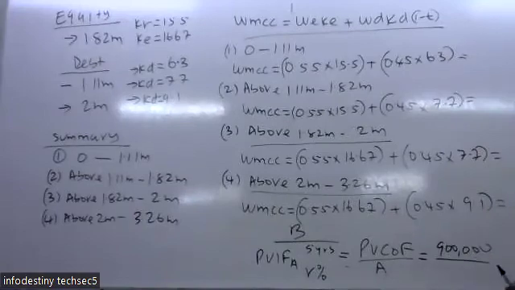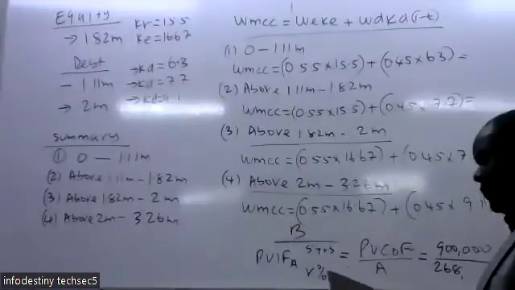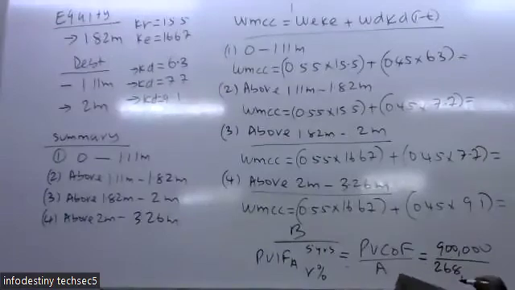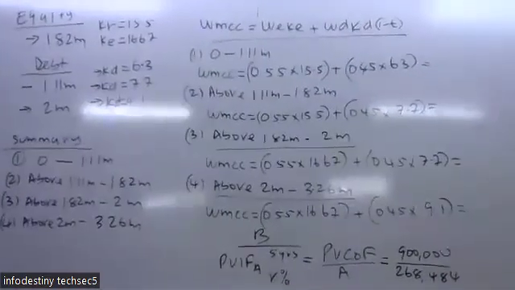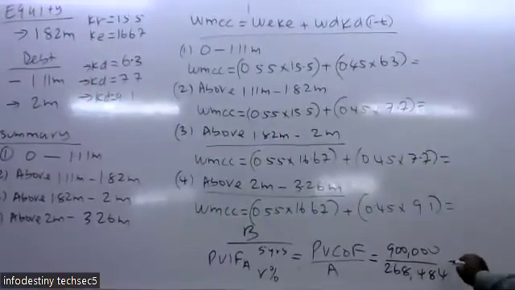Then the annuity, the annual net cash flow, is given as 268,484. So I want you to divide, then round off to 4 decimal places. That gives 3.35.